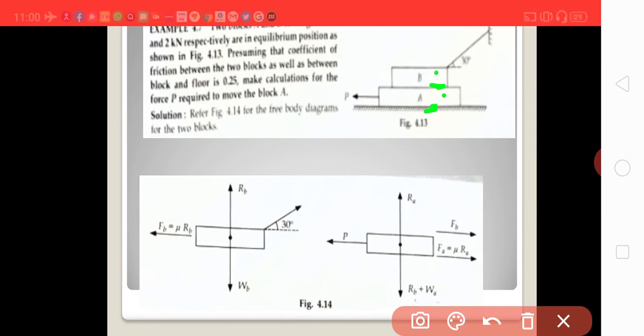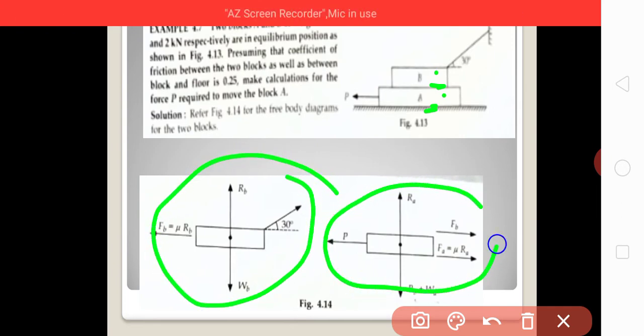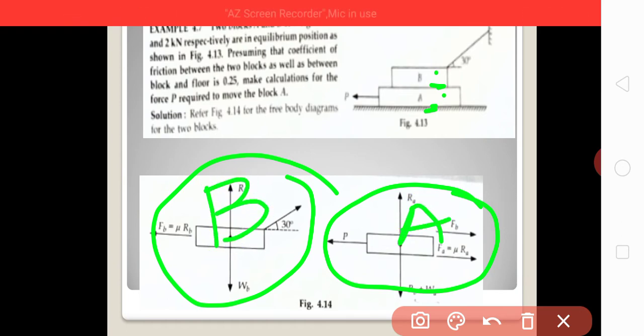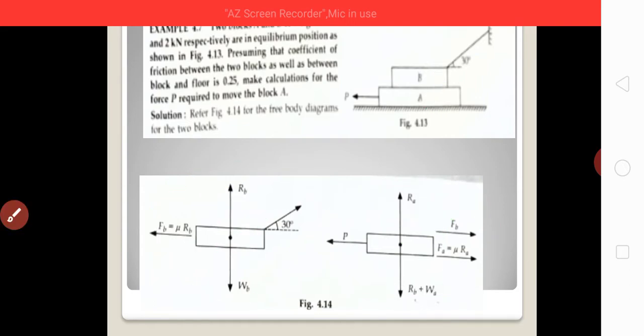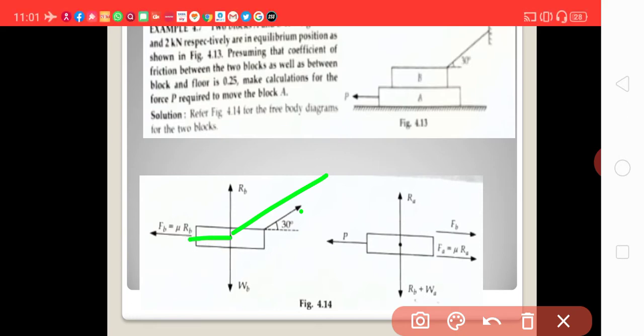This is the free body diagram for block B, and this is the free body diagram for block A. For block A, consider this force to act here, and this frictional force acts here.